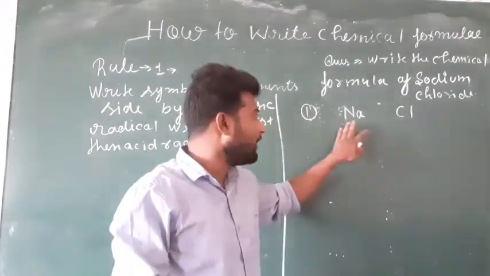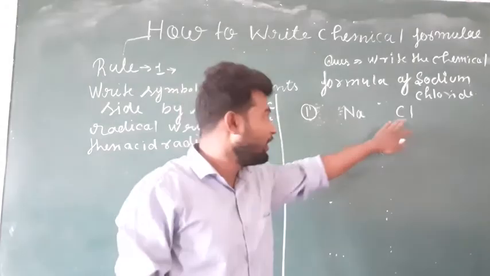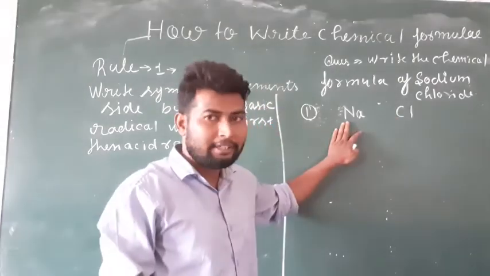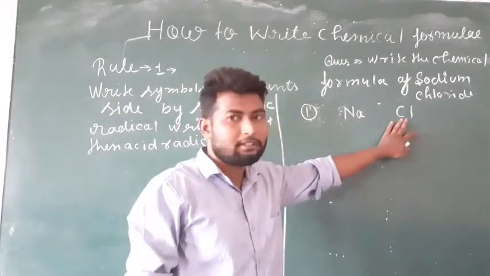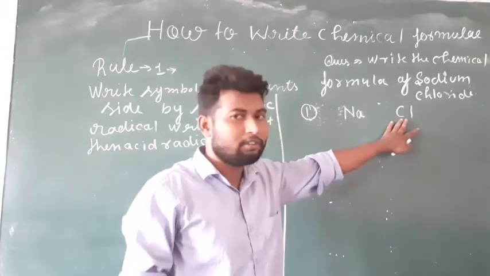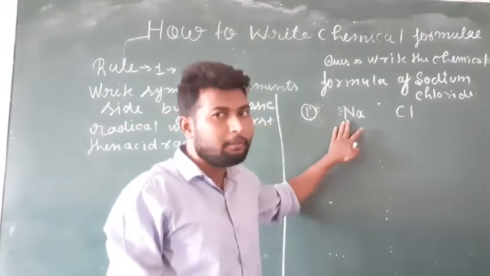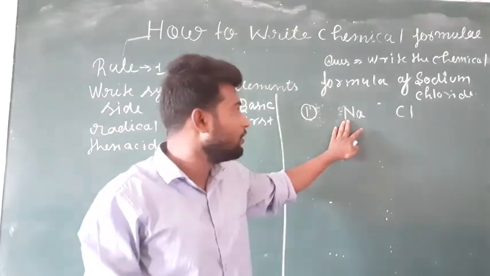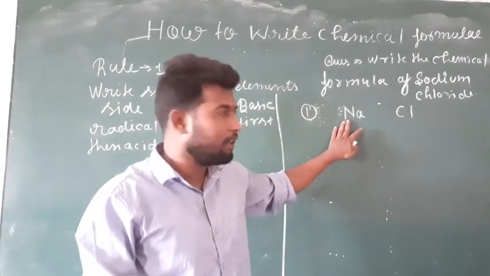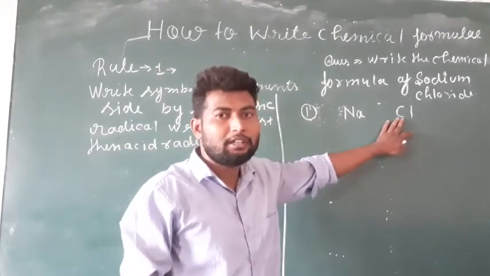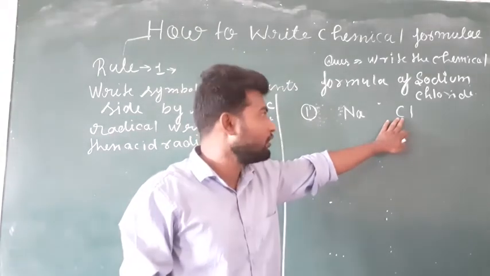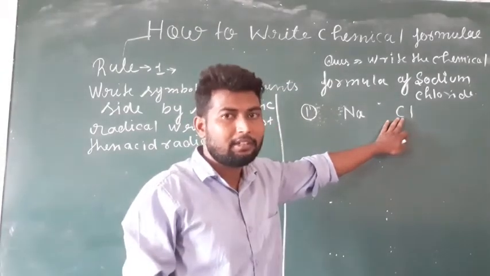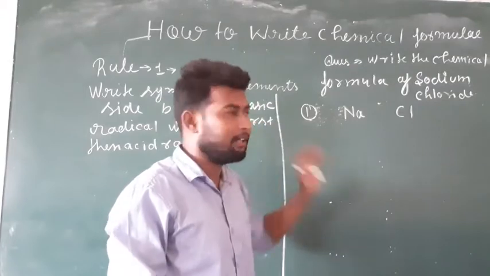Why did I write Na here? Because the sodium symbol is Na, and it is taken from the name natrium. The chlorine symbol is Cl. Why did I write Na first and chlorine after it? Na is a basic radical and chlorine is an acidic radical. Or simply, Na is a metal because it contains 1, 2 or 3 valence electrons, and chlorine is a non-metal because it contains 4, 5, 6 or 7 valence electrons. So rule first is completed.